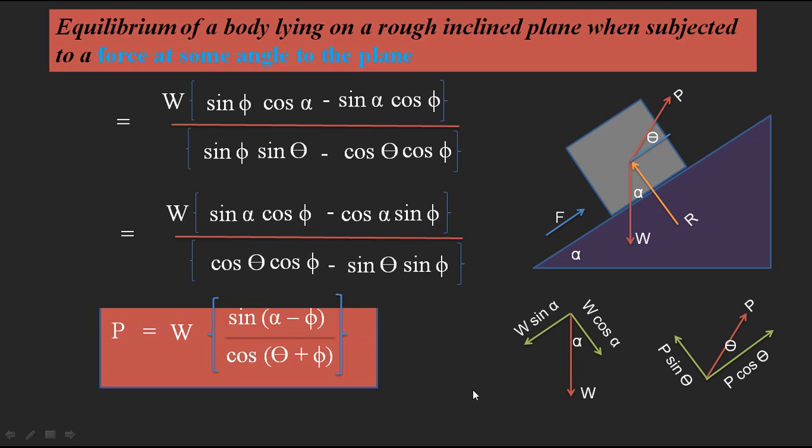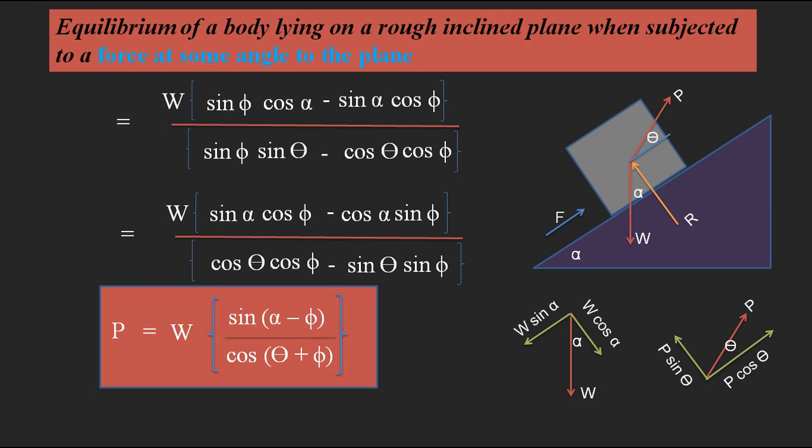Okay, this is the final equation, which is the minimum force required to just stop the body and avoid the movement on the rough inclined plane, which can make the body be under equilibrium condition, when we are applying the force inclined at some angle to the inclined plane itself.